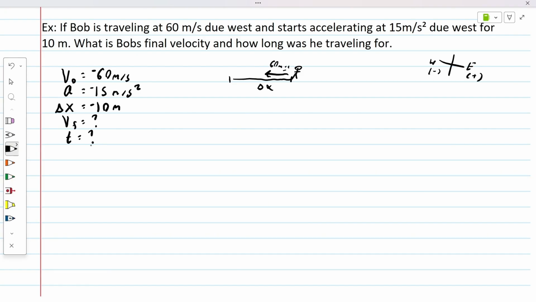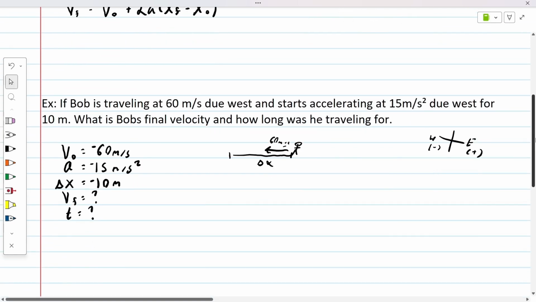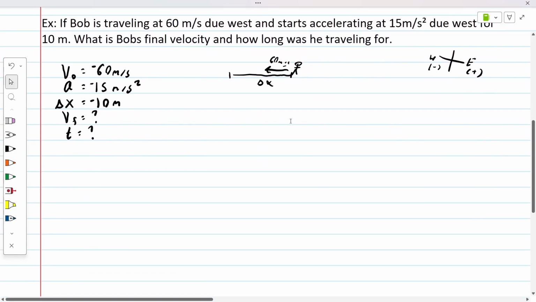So first off, if we look back at the equations, we need to find the final velocity, right? So this equation has time here, and we don't know time yet. And this one also has time, we're not given time, but this equation right here is not given time, and we can solve for final velocity. So that's probably going to be the one we want to use here for this first part.